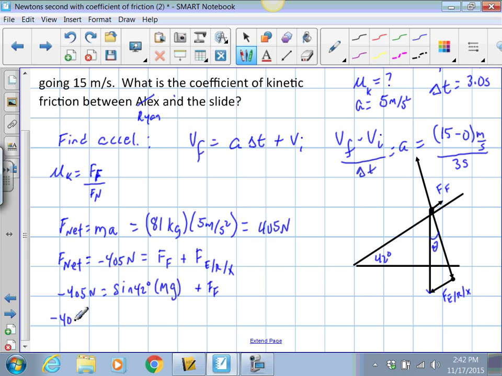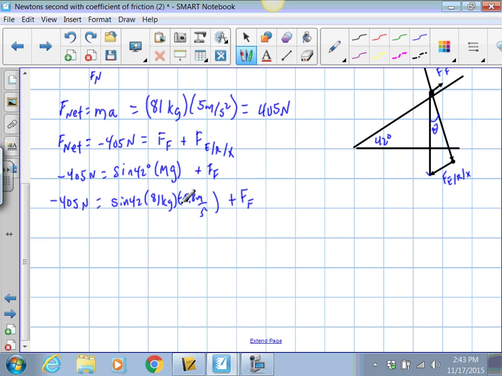So negative 405 newtons equals sine 42 times the mass, which was 81 kilograms, times negative 9.8. Equals 793. Okay, so does this component do this part or the whole thing? Oh, no, just the component. Okay.